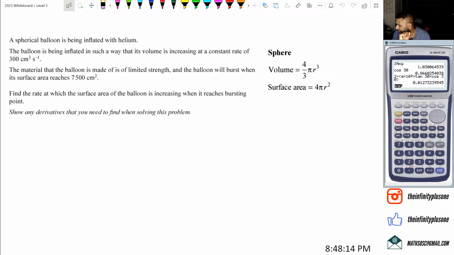Oh, well, 2005. I don't even have the papers from 2005. But this is from 2013. So I've given you guys everything you need. What I'll do is I am gonna actually step away from this. I'll give you guys about a good 5 minutes to try this. So we'll actually go through the answer at 8:53:30.